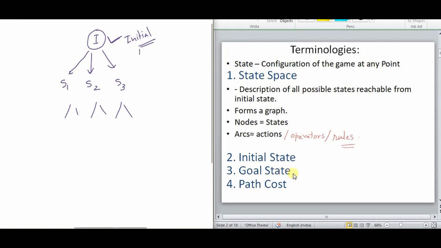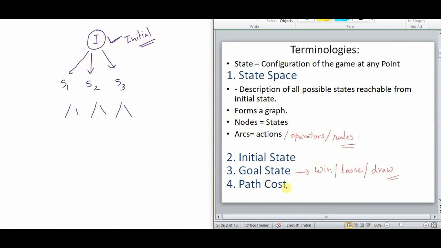Goal state or the final state is the one in which, if you reach that state, that means either you are winning or you are losing or the game is a draw, in case of our example of tic-tac-toe.